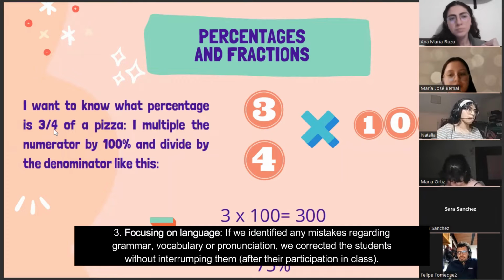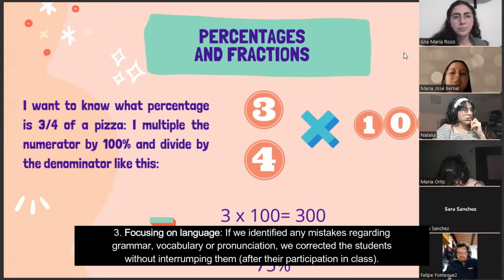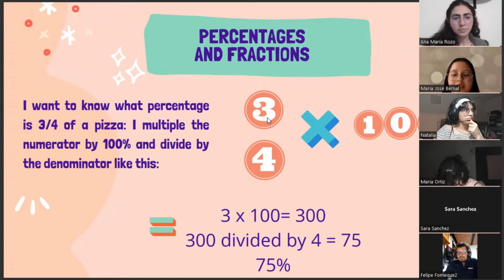You can also say 3 out of 4, but that's longer, so to make it shorter, you can say just 3/4. So you multiply the numerator by 100 and then divide that result by the denominator. And so that's how we know that 3/4 of a pizza is 75% of said pizza.